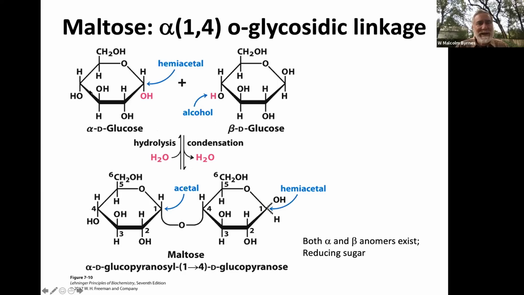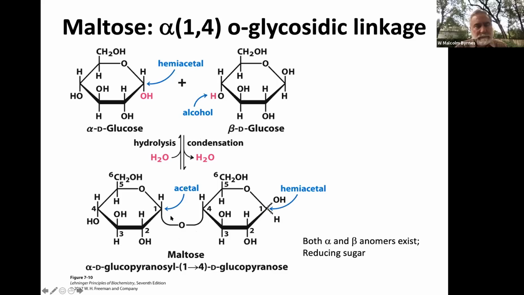Here's the hemiacetal, right? Here's an alcohol, if you will, with its OH group. That's going to attack the carbon, which can form an aldehyde, because that ring can open up. And a condensation reaction will occur. Water will be eliminated, and we will form this disaccharide with an alpha-1,4-O glycosidic linkage.